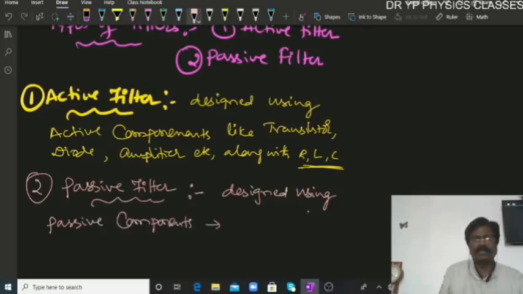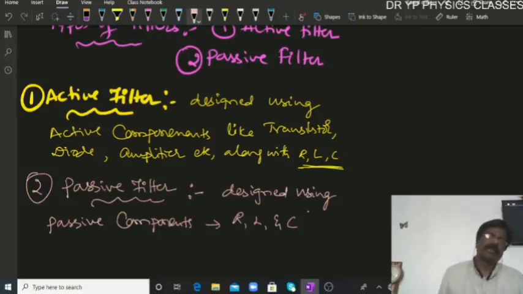What are passive components? As I already mentioned, R, L and C. Any filter which is designed using these passive components is called a passive filter.